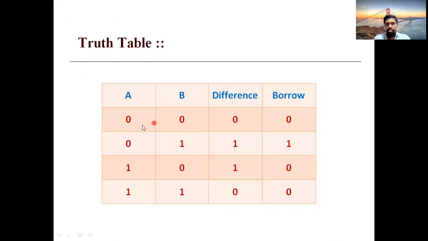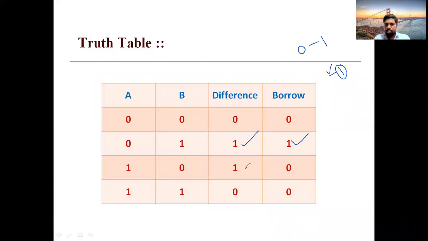Okay, see here 0 minus 0 is difference 0, borrow will be 0. 0 minus 1, very very important. When you perform 0 minus 1, generally what you will get as answer is minus 1, right? So this 1 will be your difference, and this minus is nothing but the borrow value. Okay, so keep like this.